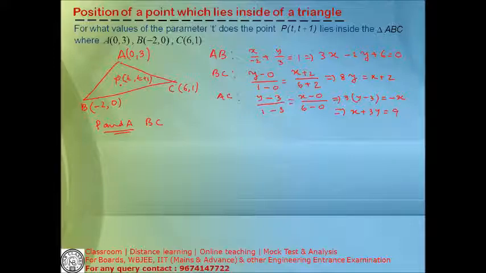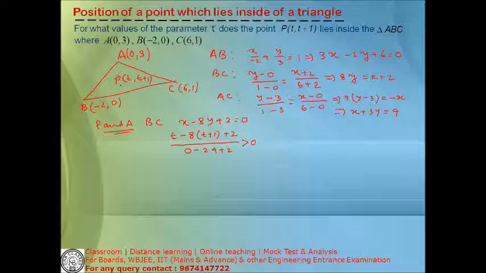Now the equation of BC is x minus 8y plus 2 equals 0. So therefore we can write (t minus 8(t+1) plus 2) divided by (0 minus 24 plus 2), that should be greater than 0 because these two points are lying on the same side of the straight line BC.